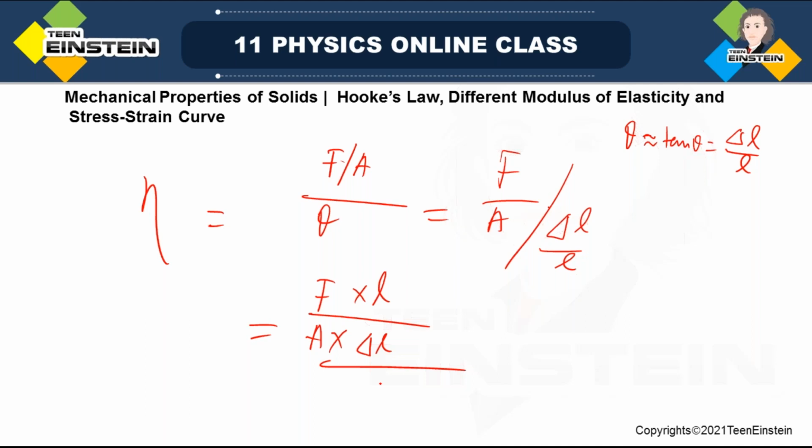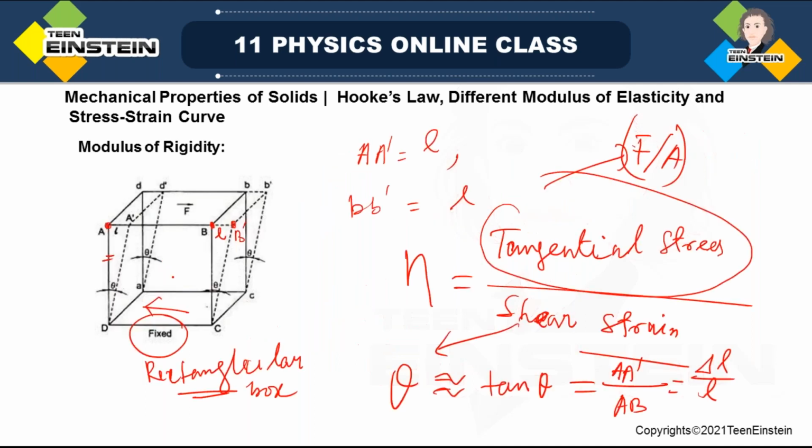So what we have learned is that rigidity modulus arises when you have an object of rectangular shape and you apply a tangential force on the top surface. The bottom face will be fixed with the ground, so there will be a force on the bottom face also, acting exactly opposite to the force on the upper portion, and they will create a couple.